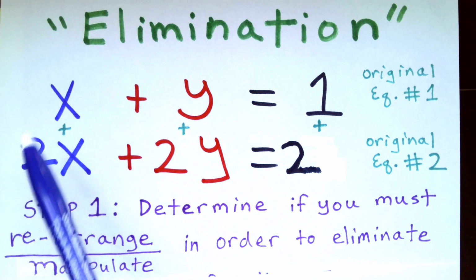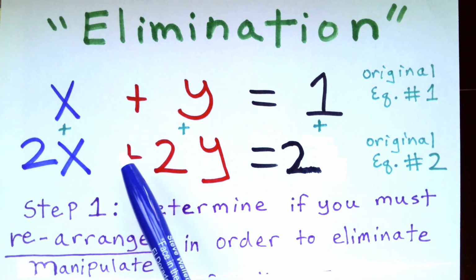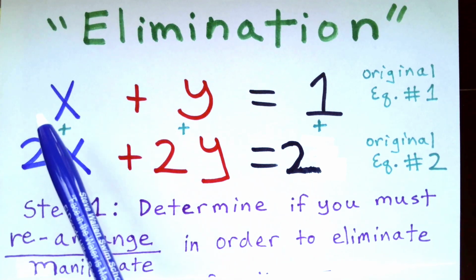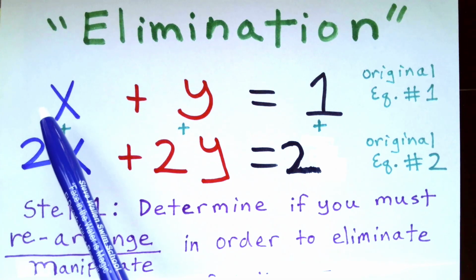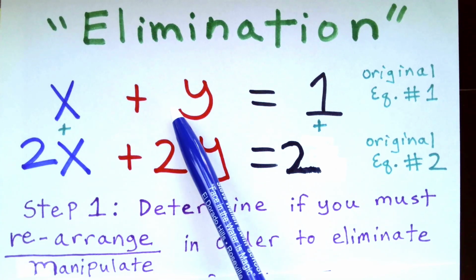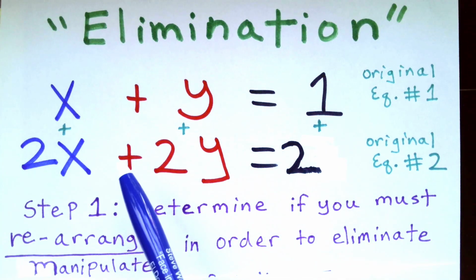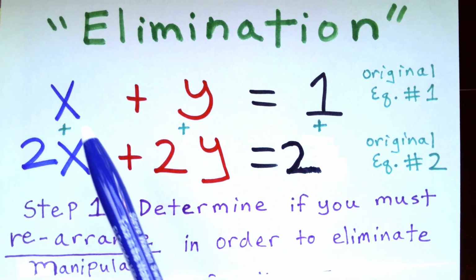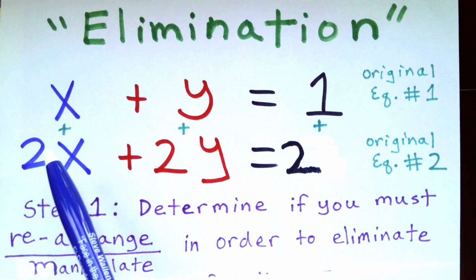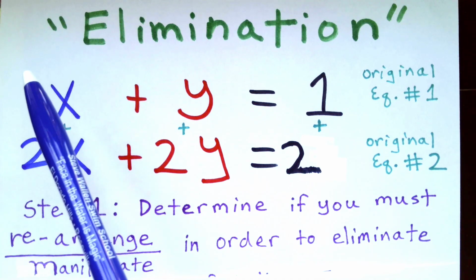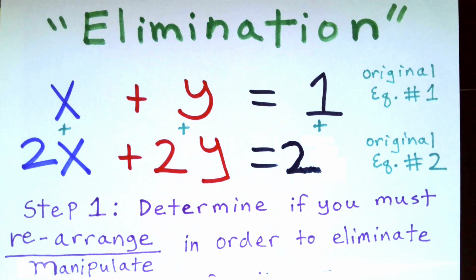So if you could see here, there's a few things I could do. But the obvious to me is to multiply a negative 2 times x, a negative 2 times 1y, and a negative 2 times 1. And that would help me eliminate, since negative 2 plus a positive 2x is 0. So let me show you what that looks like.